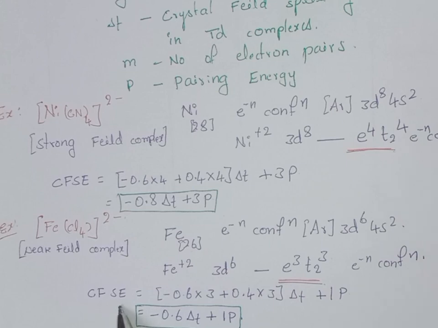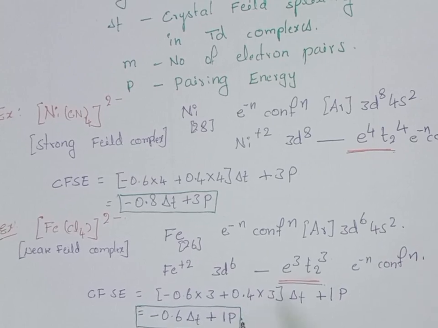If we calculate CFSE, minus 0.6 into electrons in the e set, that is 3, plus 0.4 into electrons in the t2 set, that is 3, Δt plus 1 electron pair into pairing energy. So by calculating this, we get minus 0.6 Δt plus 1 pair.